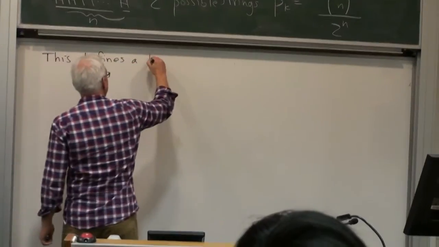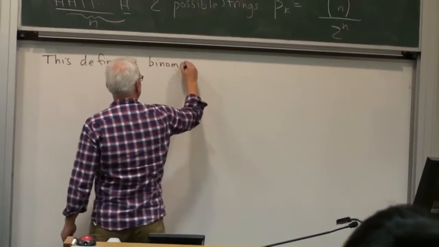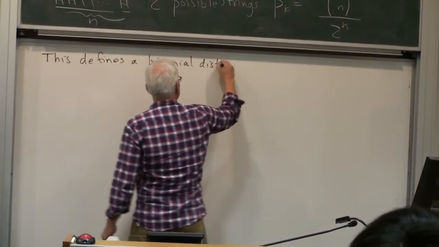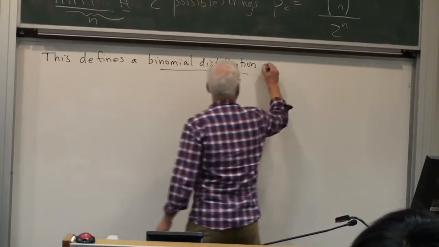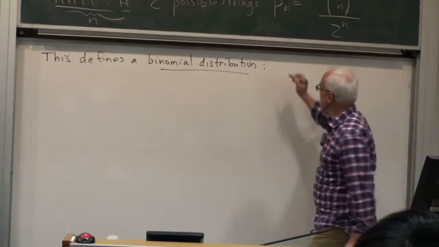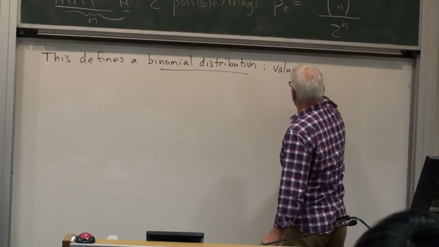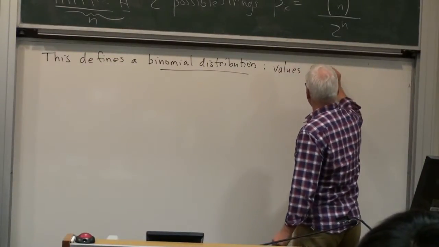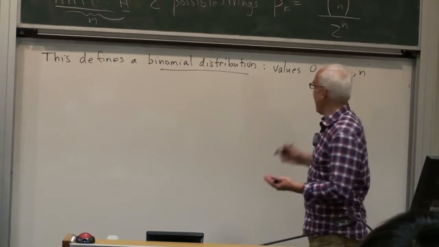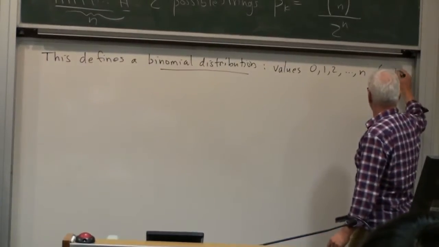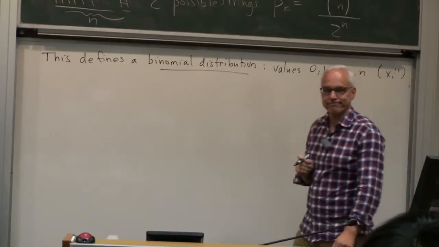This defines what's called a binomial distribution. Okay, the values that we can get are anywhere from 0, 1, 2, up to n. Those are the x_i's in our language.